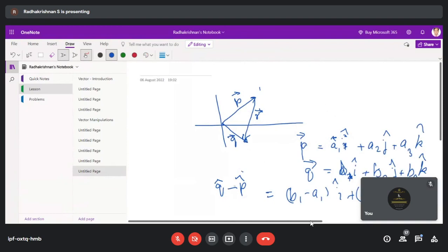This is the formula. The vector joining 2 points is given by (b1 minus a1) i plus (b2 minus a2) j plus (b3 minus a3) k. So we apply the same concept here.